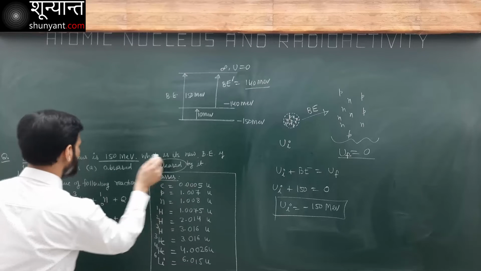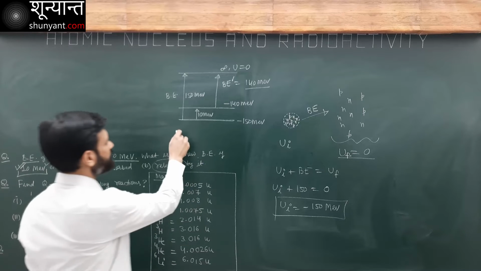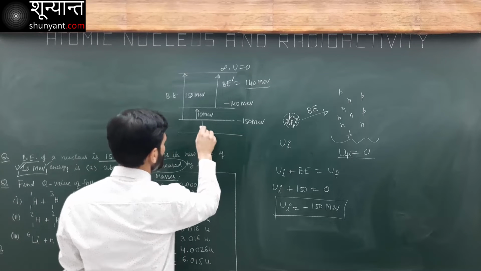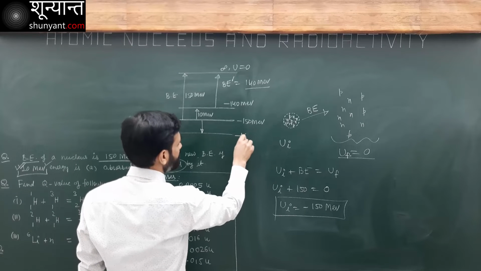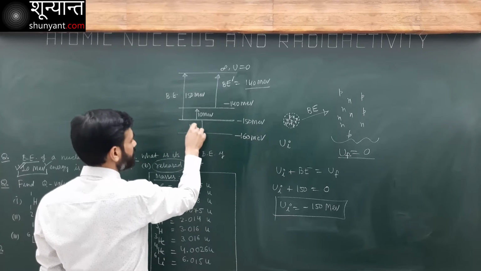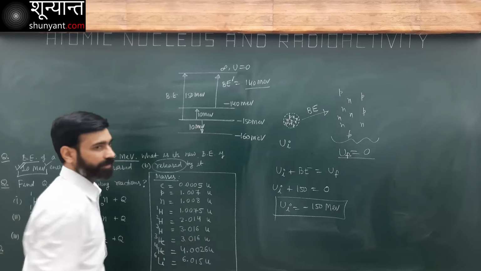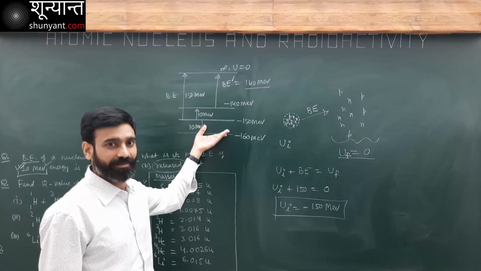Now, if the nucleus releases 10 mega electron volt energy, its energy is going to decrease further. Now my nucleus is in this state here.